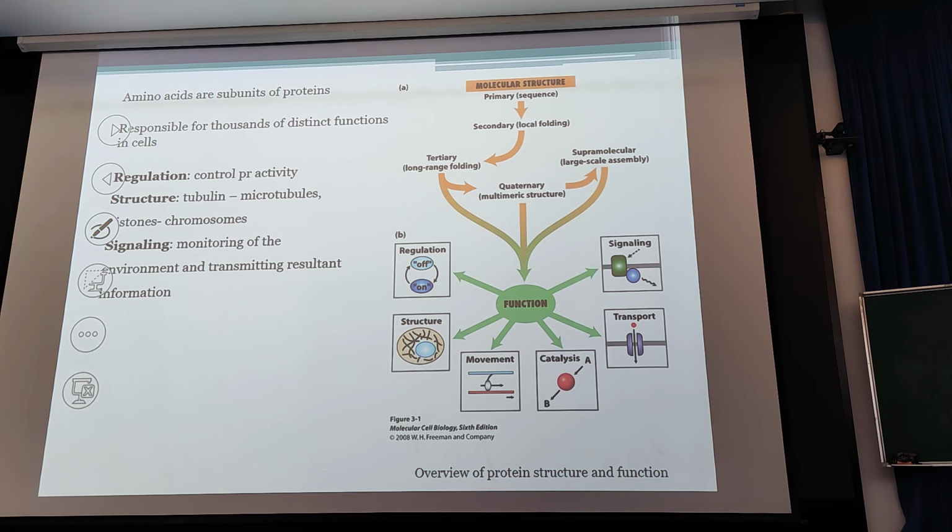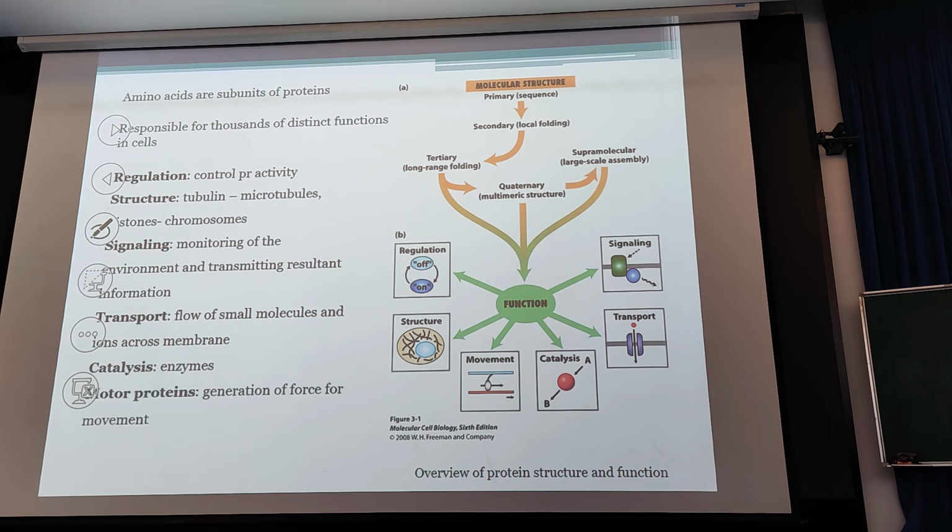We have signaling. We have transport, which can bring small molecules and ions across membranes. Catalysis by enzymes. Motor proteins generate forces for the movement of vesicles and molecules inside the cell. We have movement.